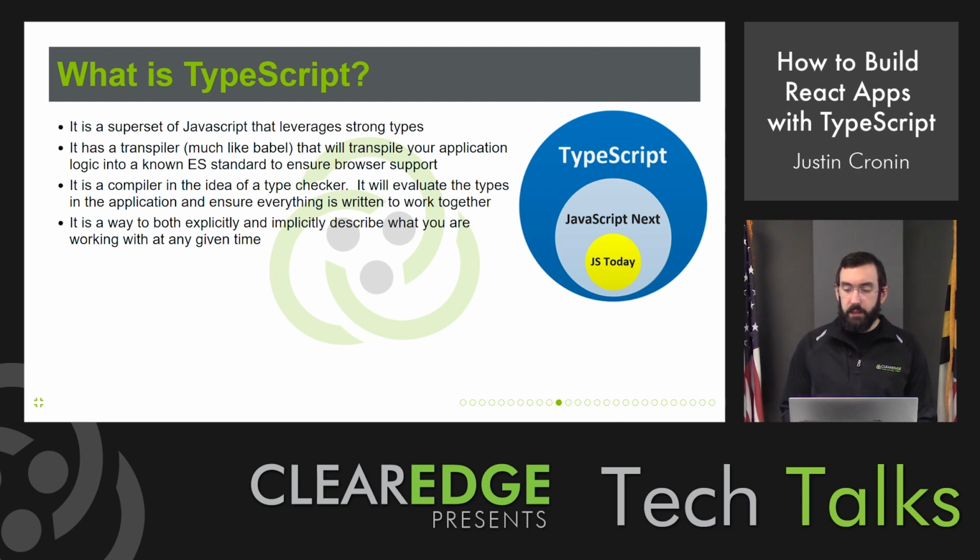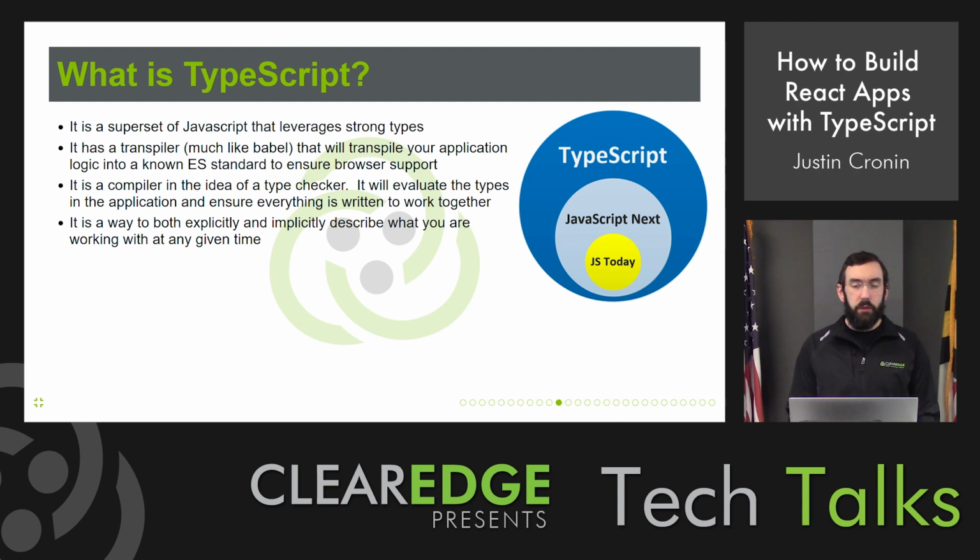The last thing is that, as you can see in the diagram, TypeScript sits on top of this idea of JavaScript next and so forth. That's important because sometimes you'll see newer functionality available in TypeScript that isn't available in the ES spec yet. A really good example of that are optional chaining and null coalescing.